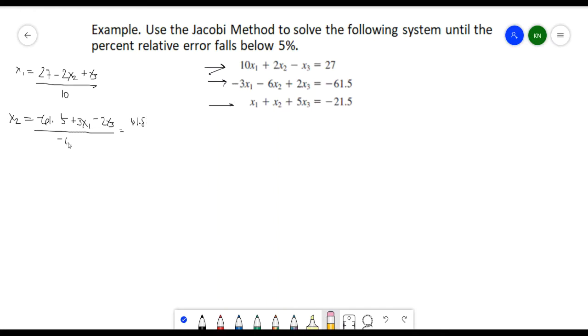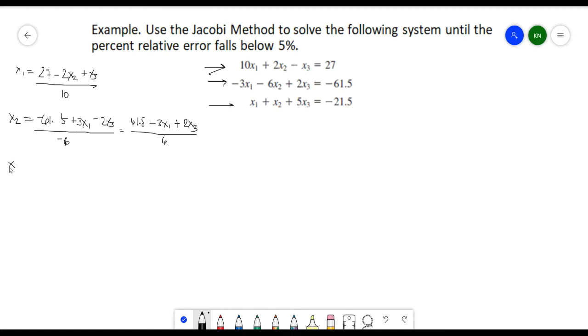What I did was we have 6. Negative divided by negative is positive. Positive divided by negative should be negative 3x sub 1. Negative divided by negative is positive 2x sub 3, divided by our positive 6. So this is now the formula of our x sub 2.